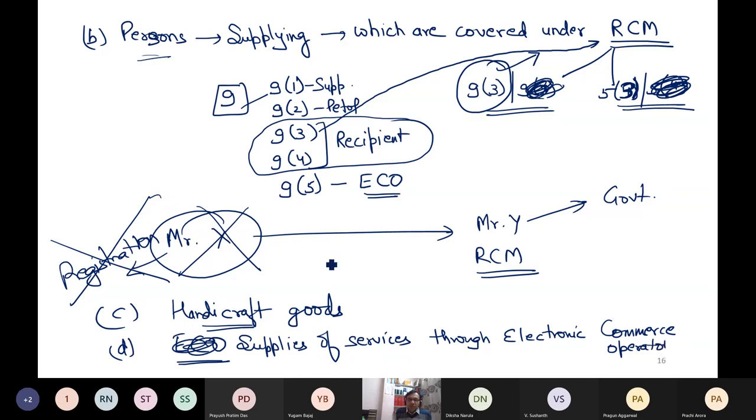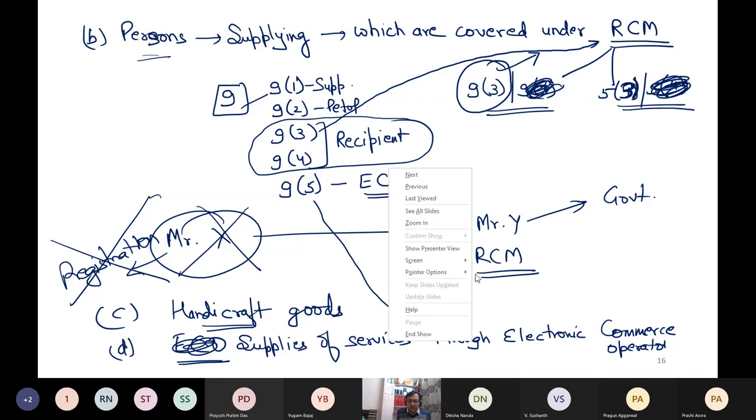I don't know whether you remember now section 9.5 or not. This is my 9.5. But what was there in 9.5? Do you remember in 9.5 what was there? Can anyone tell me? If anyone remembers, without wasting time, I'm giving you 10 seconds. Can anyone tell me what was there in 9.5?